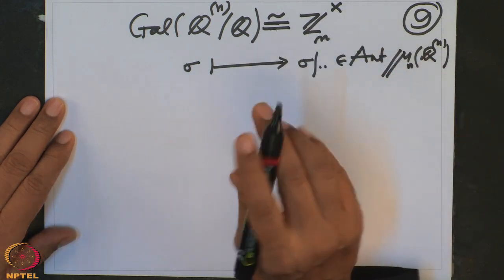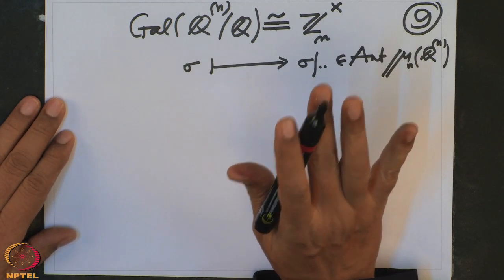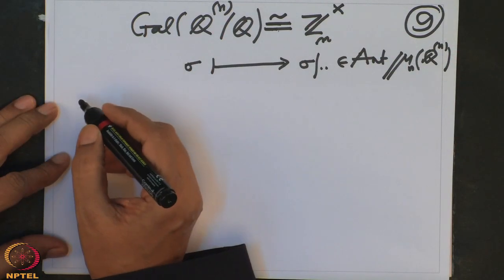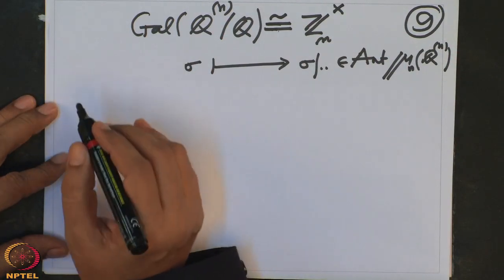So that gives a complete description of the Galois group of Qn over Q, provided we prove that this polynomial is the minimal polynomial of this one. So that needs a proof, and that is the only non-trivial proof so far.